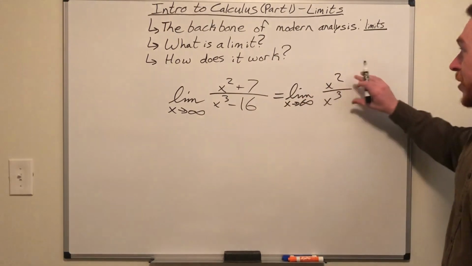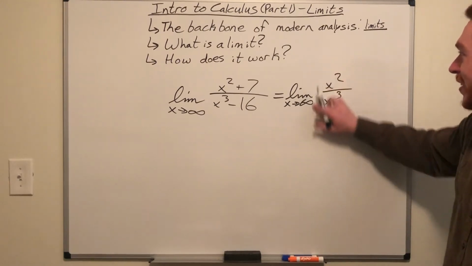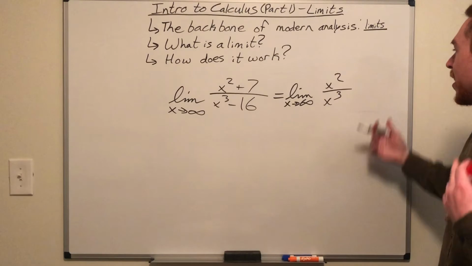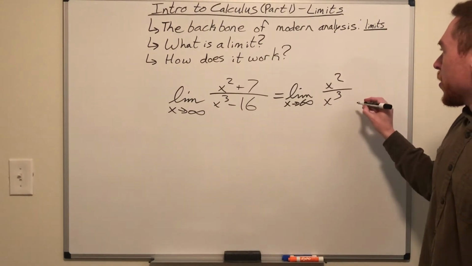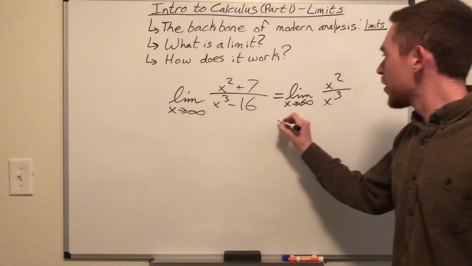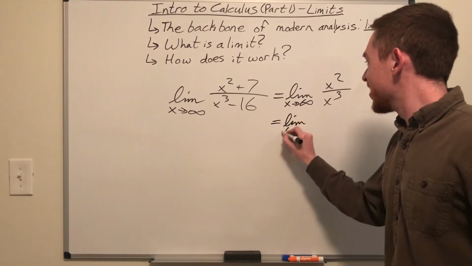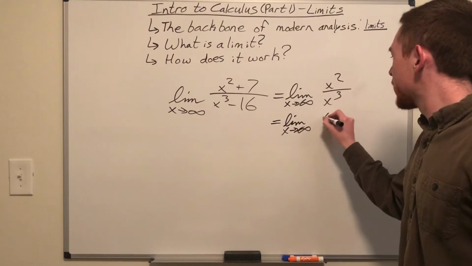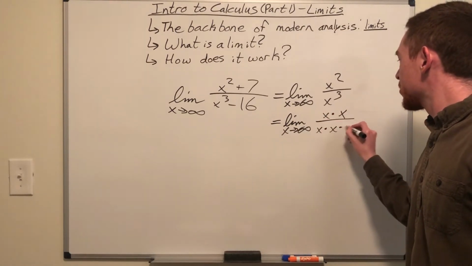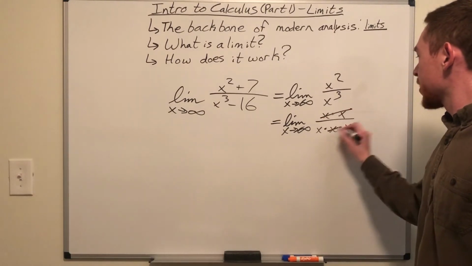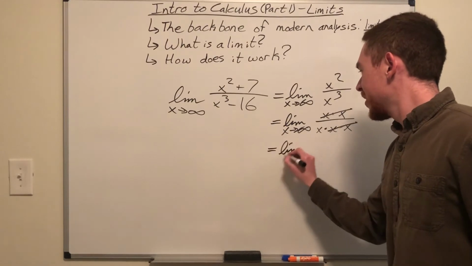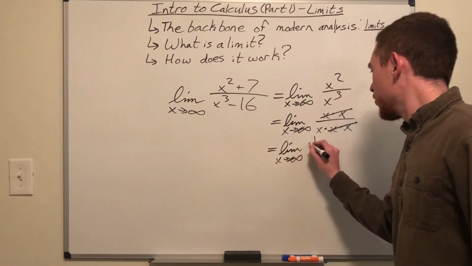So the limit is just this, and then we can actually simplify this now. This is now a much easier form to deal with. Remember, this is just the limit as x goes to infinity of x times x over x times x times x. So 2 of those x's cancel with those 2 x's, and we're left with the limit as x goes to infinity of 1 divided by x.